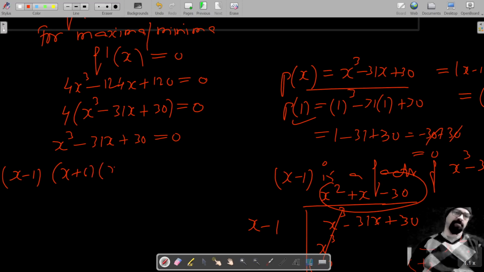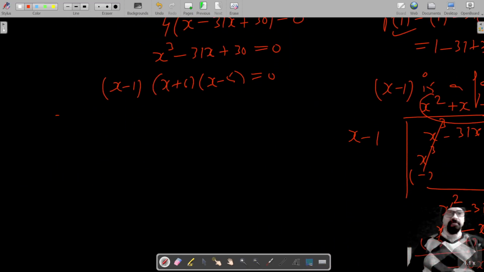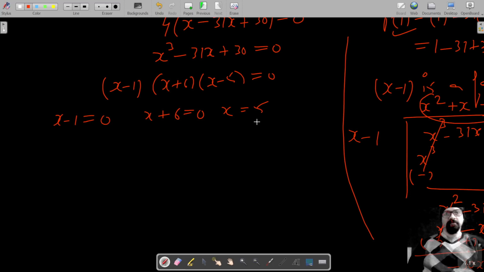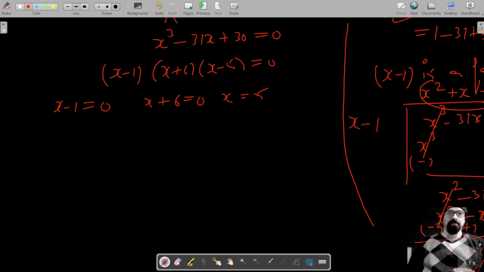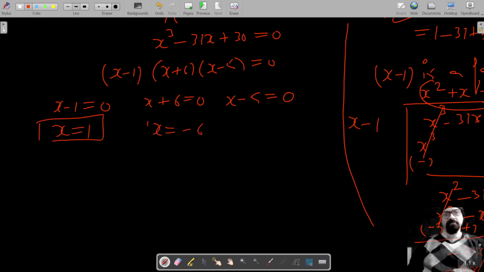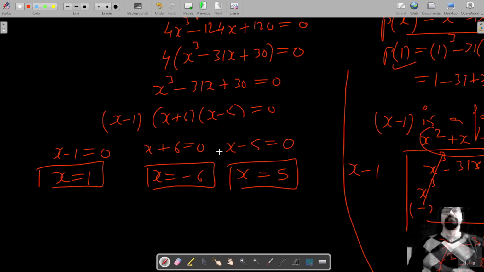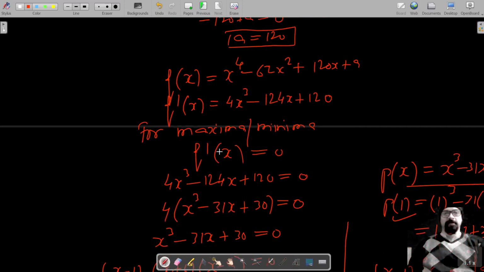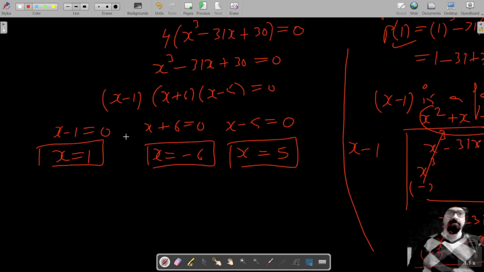That means either x minus 1 is 0, x plus 6 is 0, or x minus 5 is 0, which gives me x is equal to 1, x is equal to negative 6, and x is equal to 5. So these are the points of local maxima or minima.